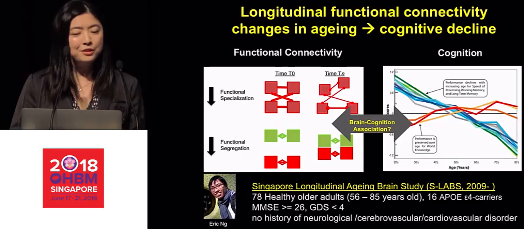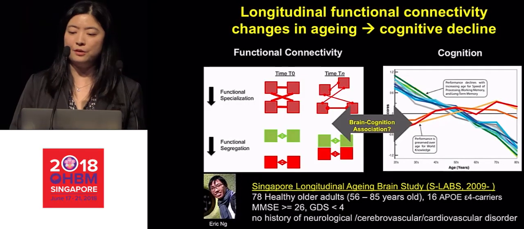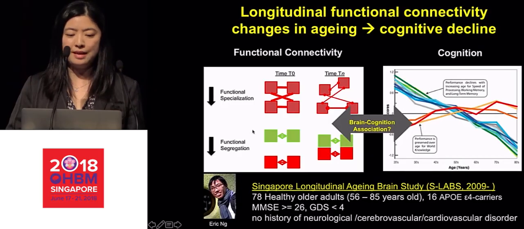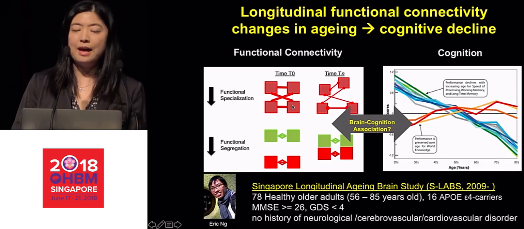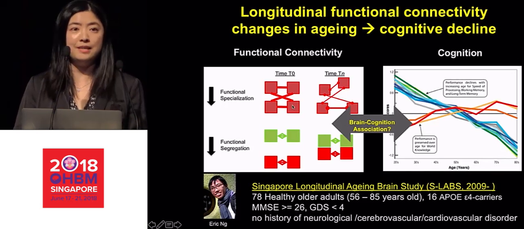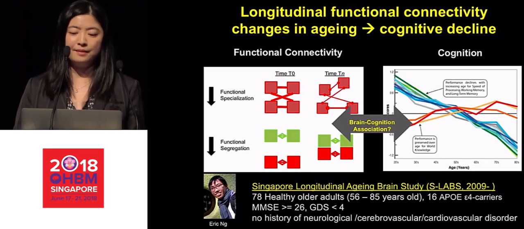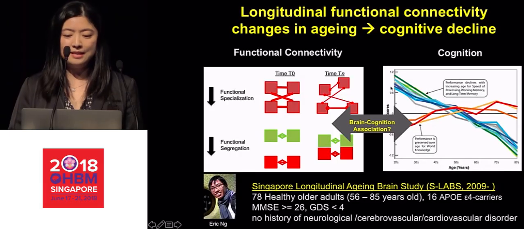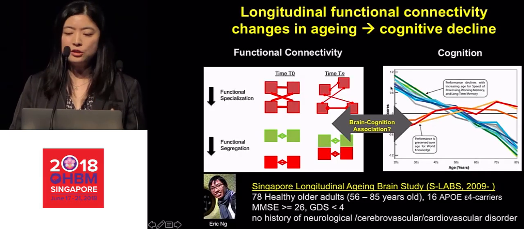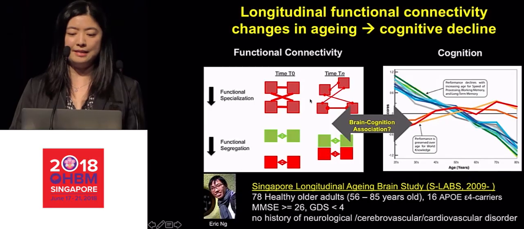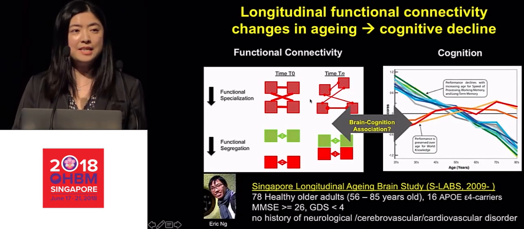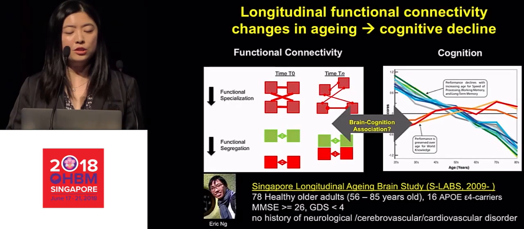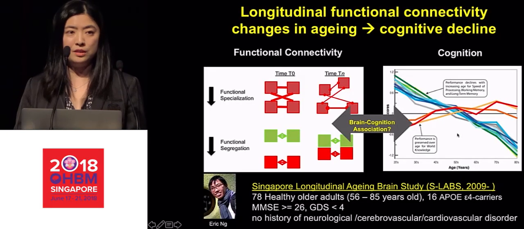To address this question, my postdoc fellow, Dr. Eric Ng, studied the longitudinal functional connectivity changes over 4 years in a group of Singaporean healthy older adults aged 50 to 85. We hypothesized that the integrity of the intra- and inter-network functional connectivity in 3 higher-level cognitive networks would deteriorate over time and relate to the longitudinal cognitive decline.